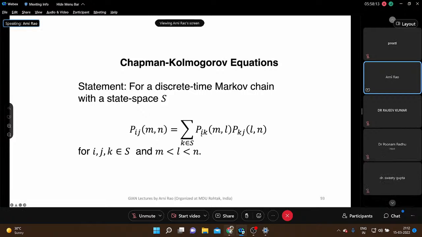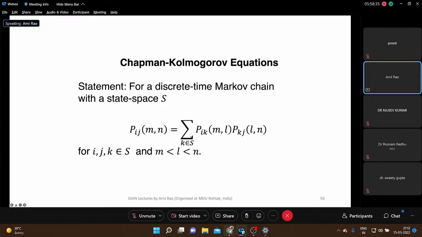Now on the right hand side, I will come to the summation. The transition of i to j occurred from time m to time n. So there are n minus m time steps to reach from i to j.